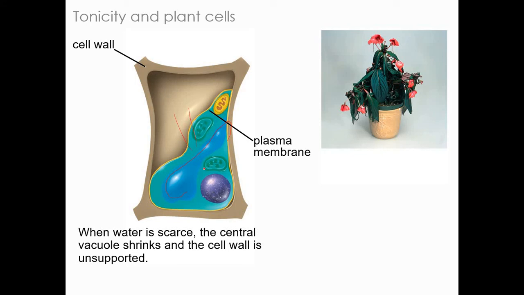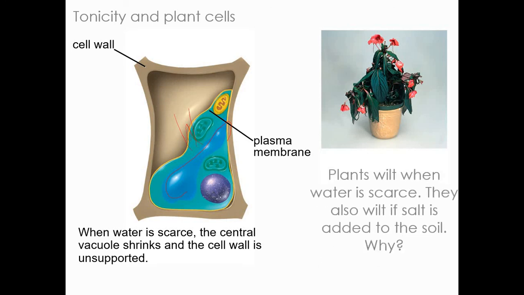Because of the scarcity of water, it cannot push the cytosol. In turn, it cannot push the plasma membrane either, so the plants shrink or wilt. Okay?